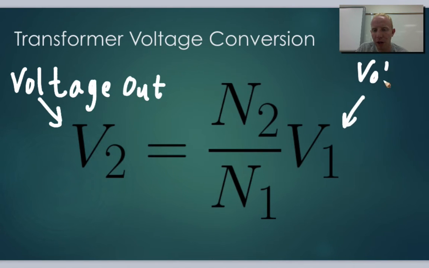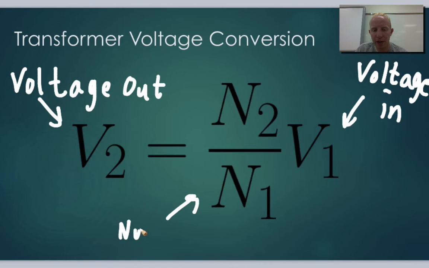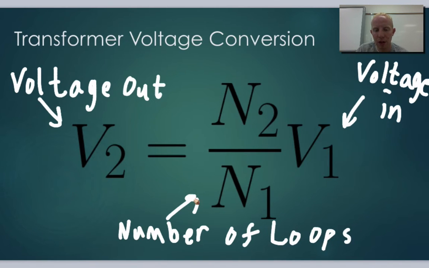So if you want to figure out how many volts you have at the output of the transformer, you just take the ratio of the number of loops, like we were looking at. If there are 10 times more loops on the output than the input, then you'll have 10 times as much voltage. So it's just a simple ratio, not too hard to work with. You just count the number of loops on each side, compare them, and that is how much larger your voltage is on the output.